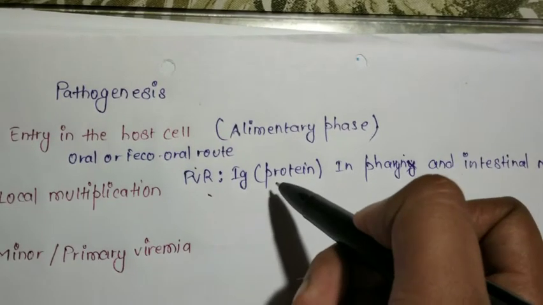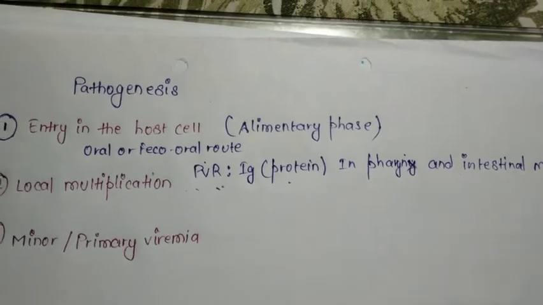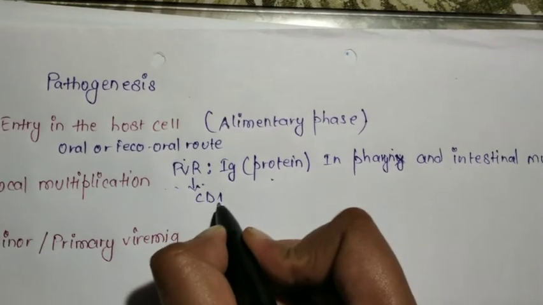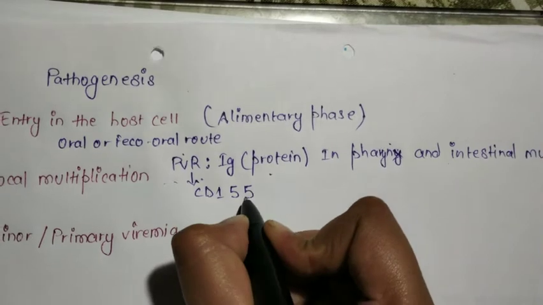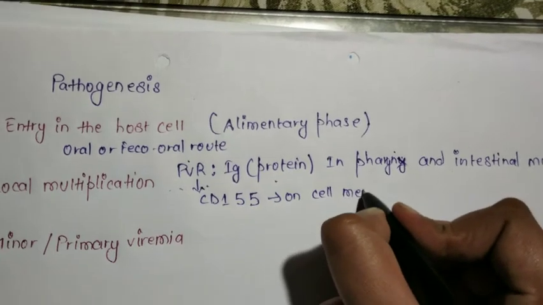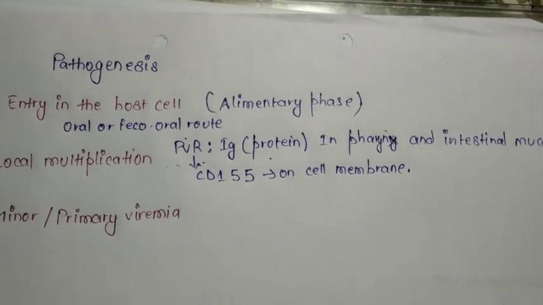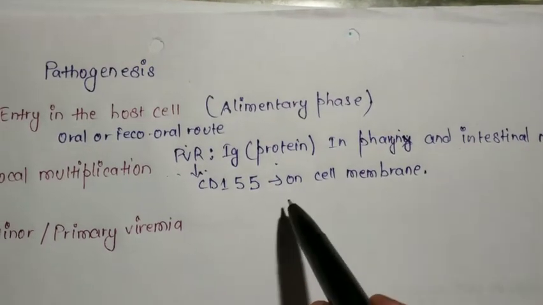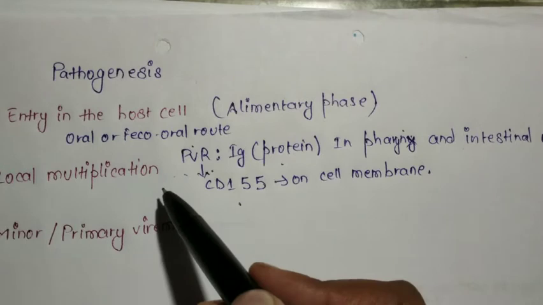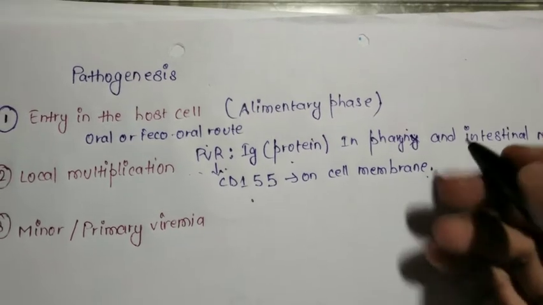After binding to this PVR receptor, which is also called CD155, present on the cell membrane, the virus spreads to the tonsils and multiplies in the Peyer's patches.